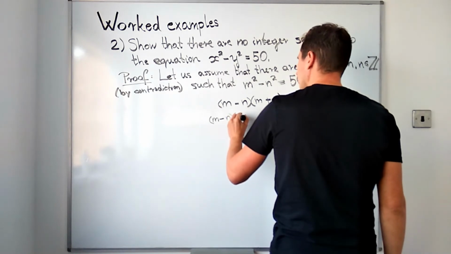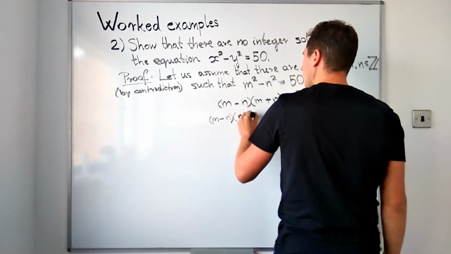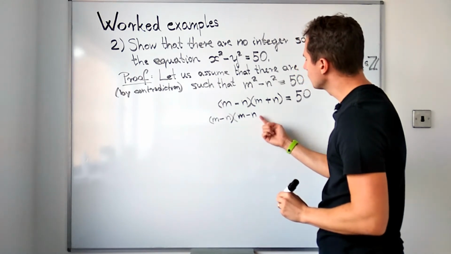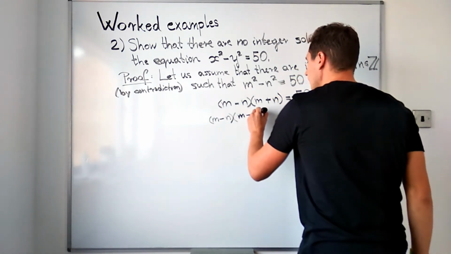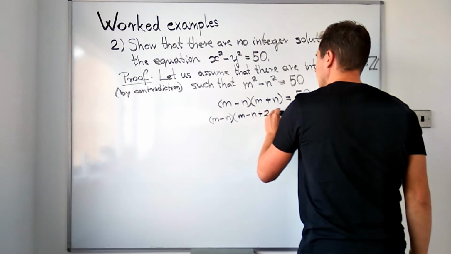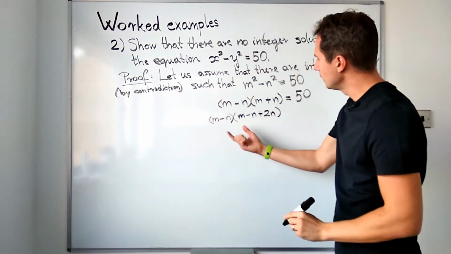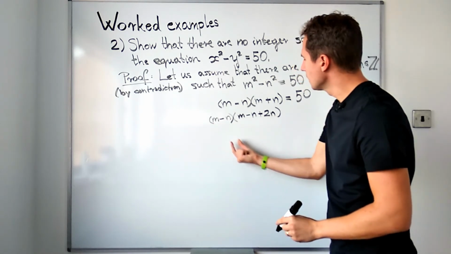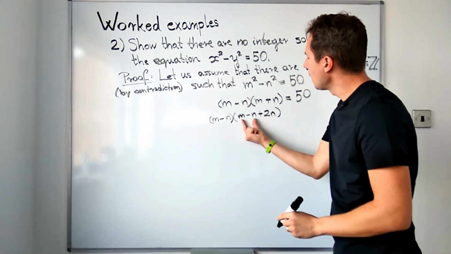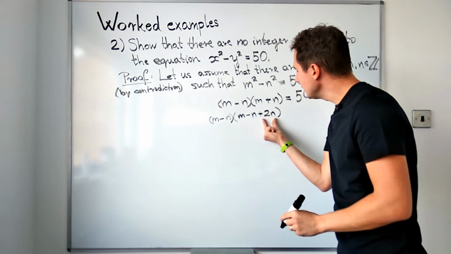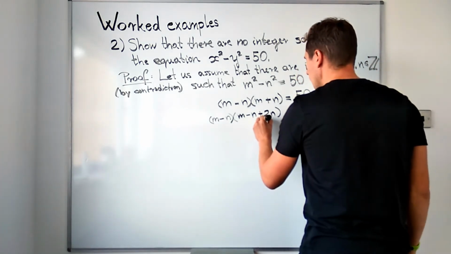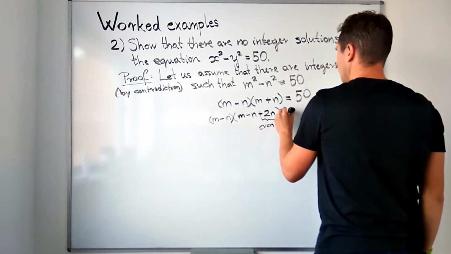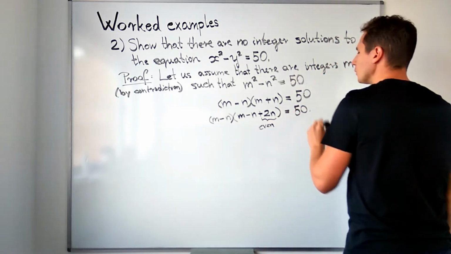Namely, I can write m plus n as m minus n, and in order to get m plus n, I have to add twice n. Okay, so notice that the second factor is m minus n plus an even number. Okay, this should be equal to 50.